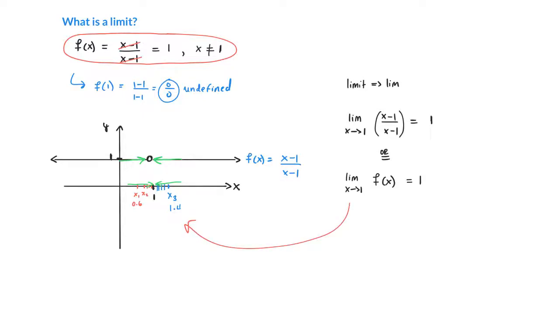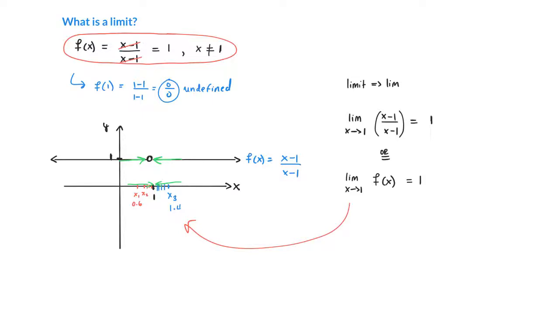This notation is telling us that as x approaches 1 from the left and from the right, the values of the function are approaching 1. In this particular case, because the function is constant, the values of the function, the y values, are exactly equal to 1.